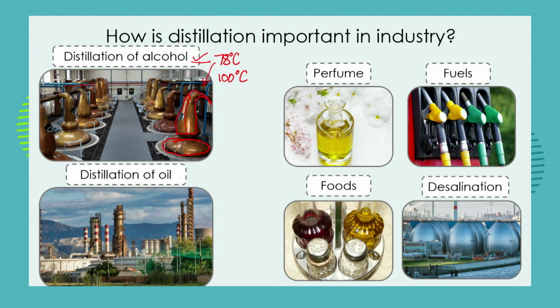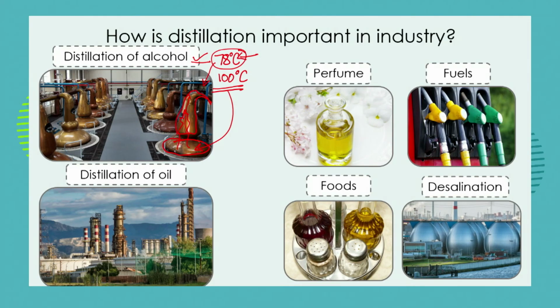The alcohol will be separated from our mixture first, and it will be collected, and as long as we keep the temperature of the mixture well below 100 degrees, but above 78 degrees, we are going to be able to confidently separate alcohol from water. Now, this process is also used in the distillation of vinegar, for example.